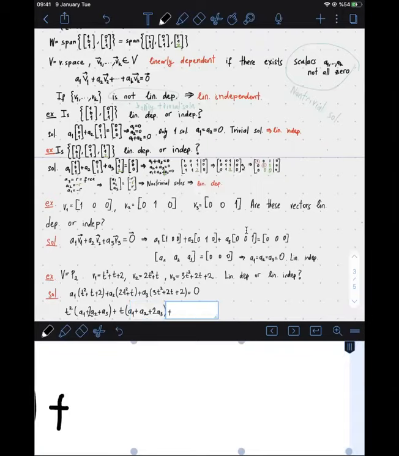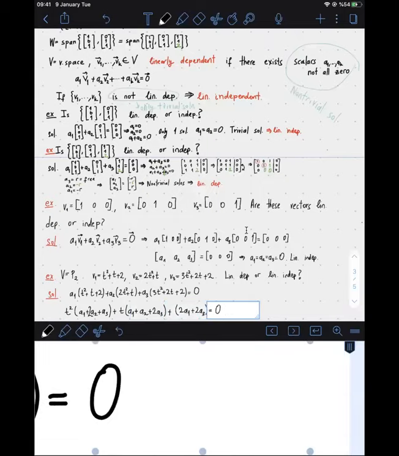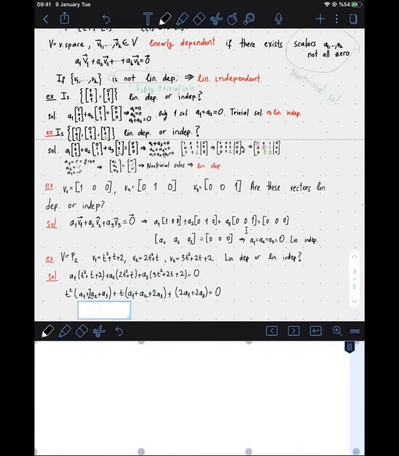And finally, let's look at the constant terms, 2a1 and 2a3. This equals 0. Okay, so when is this polynomial 0? This is 0 if all these terms are 0, right? This should be 0. And this should be 0.